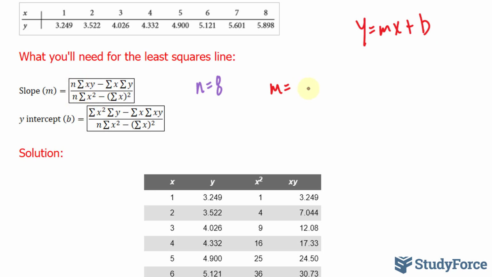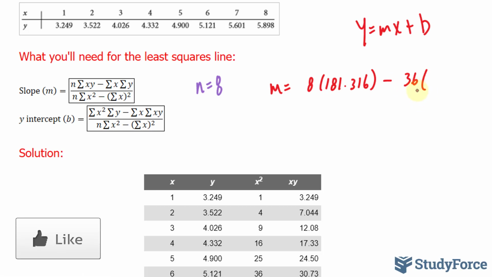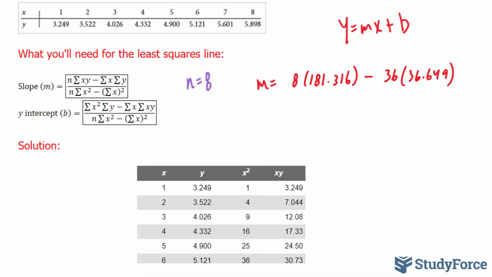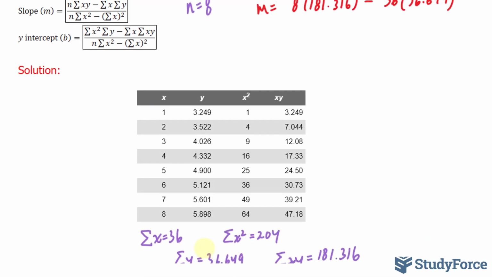Going back to this, we have m is equal to 8 times the sum of xy, which was 181.316, minus the sum of x times the sum of y. The sum of x was 36, and the sum of y was 36.649. In case you forgot what they are, they're written right here.